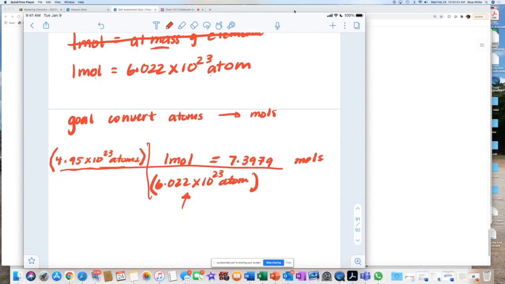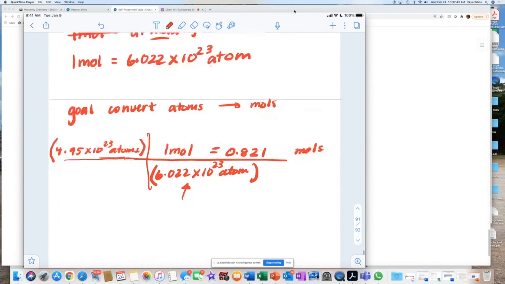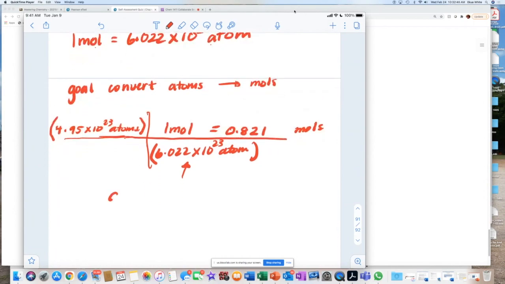Okay, that looks a lot better. I pressed 9 when I was supposed to close the parentheses. You have to make sure you're pressing the right key. The light is not on here, and I have stick fingers. 0.821 moles.